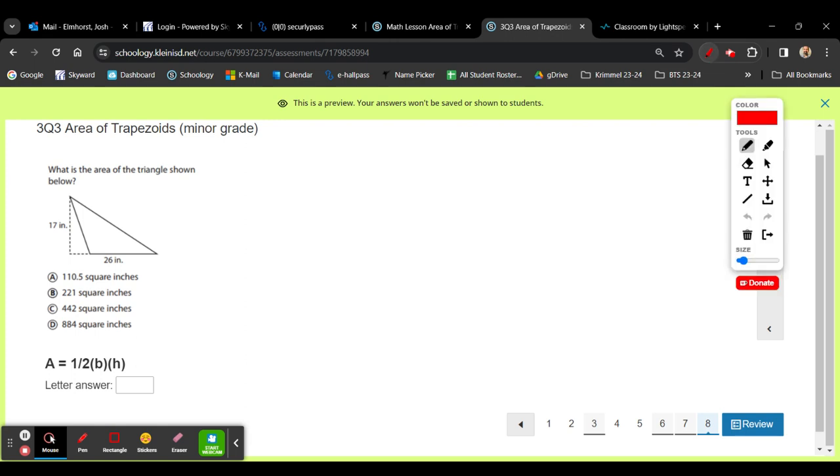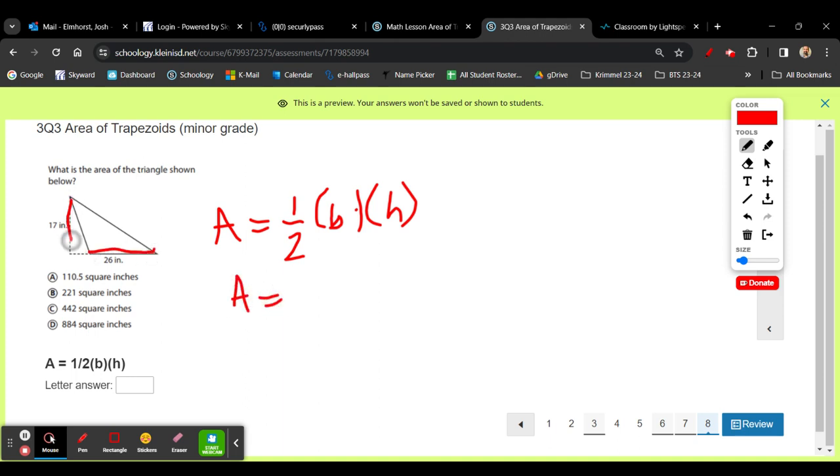Using the formula for the shape, write down the formula on your paper. The triangular shape is base times height times 1/2, or base times height divided by 2. So we fill in the information. The base and the height are perpendicular.